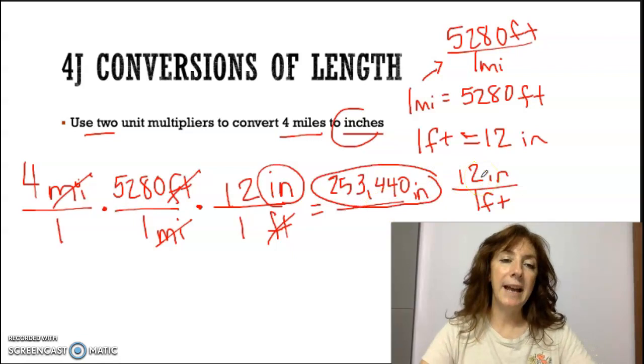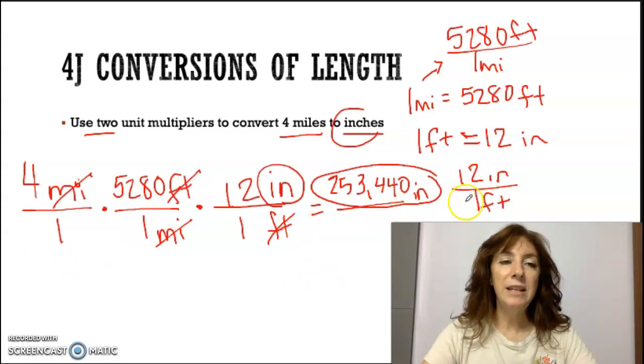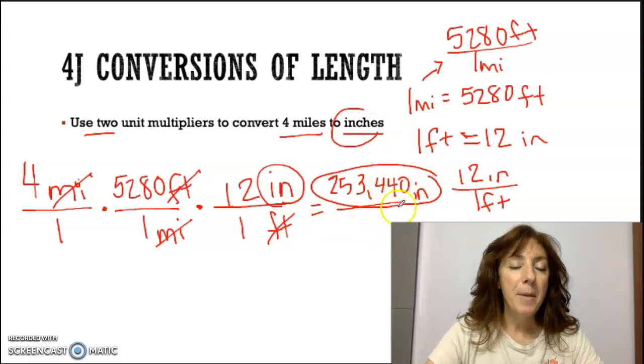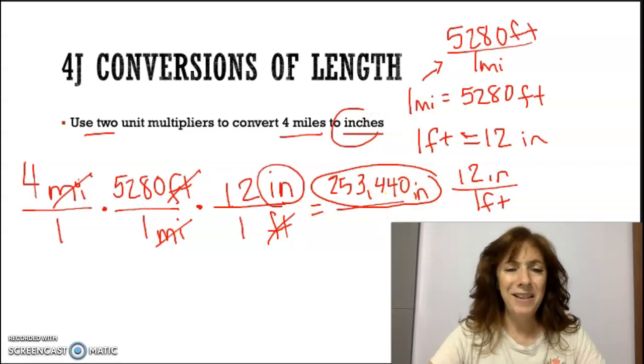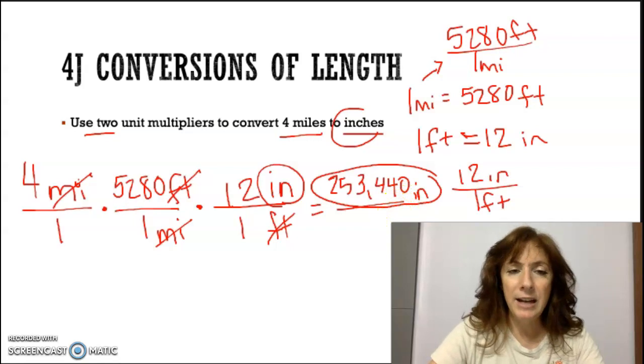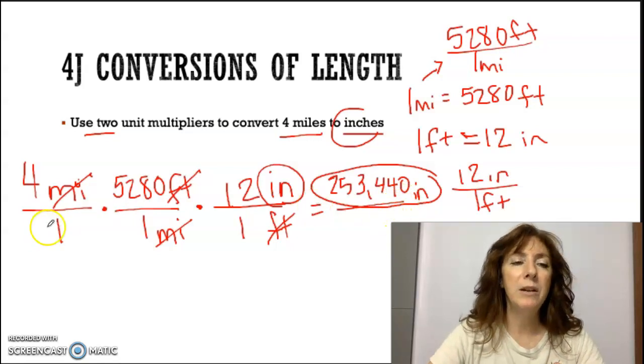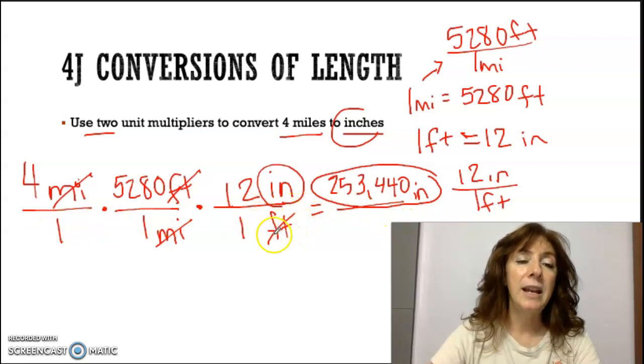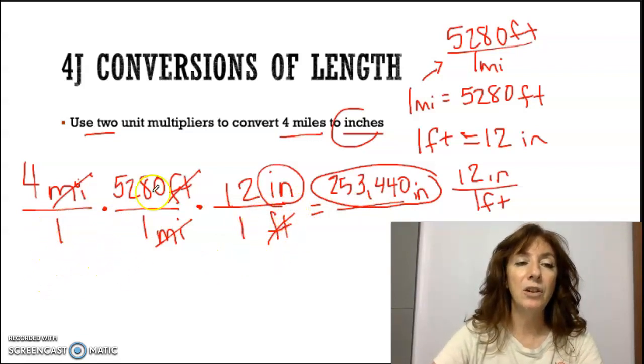One more thing in Saxon Math. When they do these unit conversions, sometimes they'll multiply it out, but soon they're going to say, I know you know how to use your calculator. What I really want to know is if you know how to set it up. And so the final answer in the back of the book is going to start looking like this. It will show what you're beginning with.